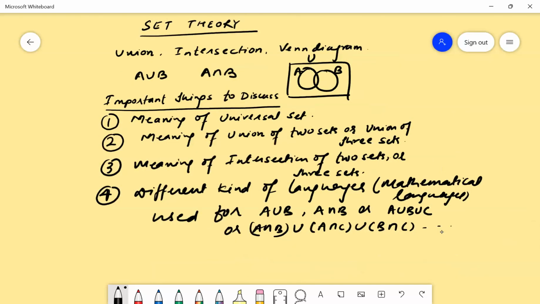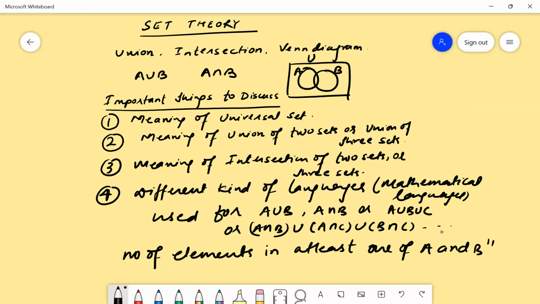Like, if I can give you an example, suppose I write number of elements in at least one of A and B. So this language is also related to set theory, union, intersection, and we need to correlate it with these symbols while solving a question.